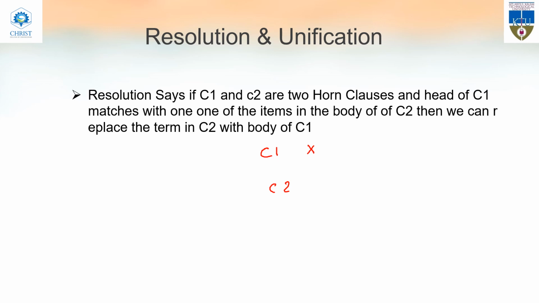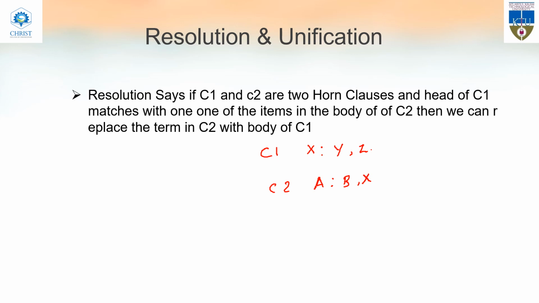This is a head, and these are the tail of C1. And C2 is another Horn clause. So this is the head, and this is the tail, the body of the Horn clause. So C1 and C2 are two Horn clauses. This is just an example, just to make you understand.